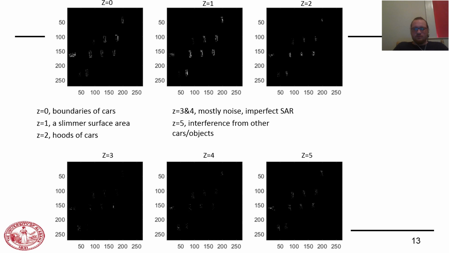Then at z equal to 3 and 4, we get only noise or imperfect reflections from SAR, and at z equal to 5, we now started getting more returns, which corresponds to the interference from other cars or objects that's surrounding. So here we are cutting our limit at z equal to 3 given our model.